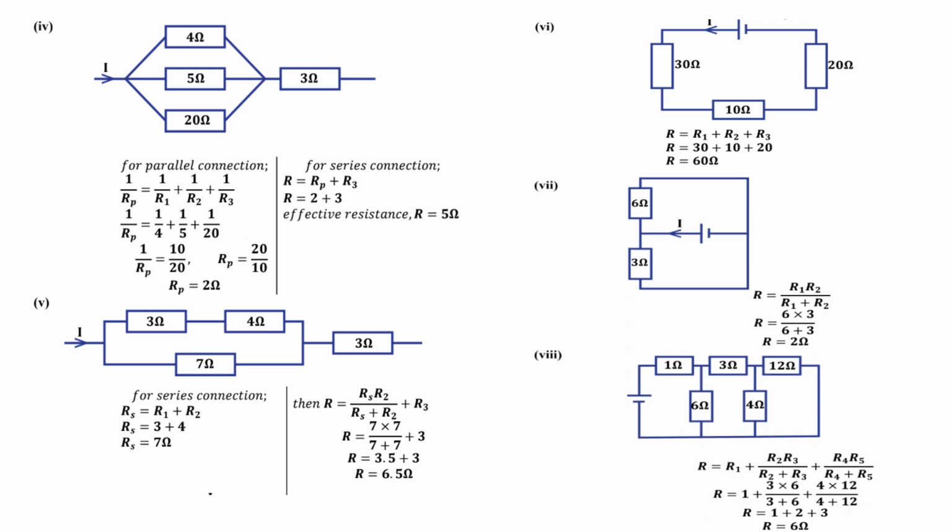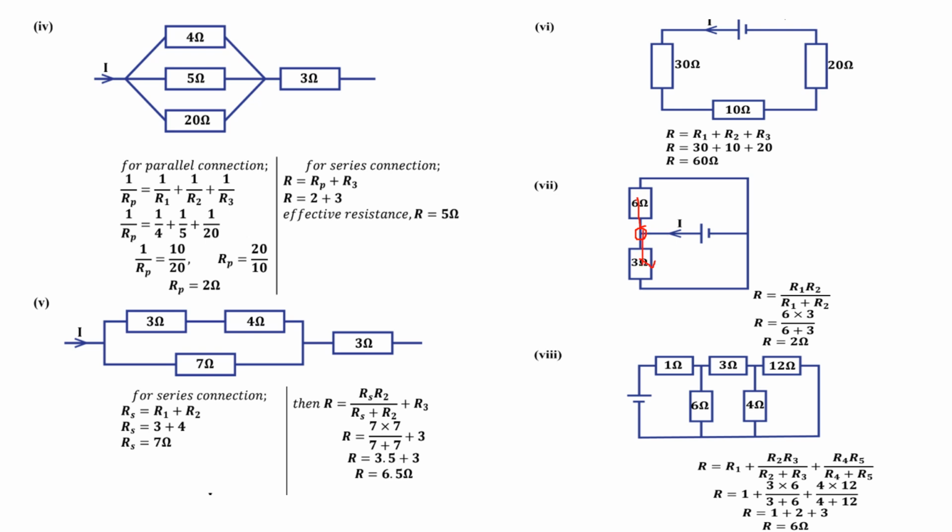Second last, 6 and 3, they are in parallel because they receive different current at the junction. As you can see, at this junction, as this current is coming, another proportion goes to 6 and another one goes to 3.